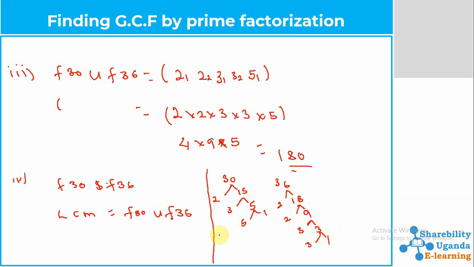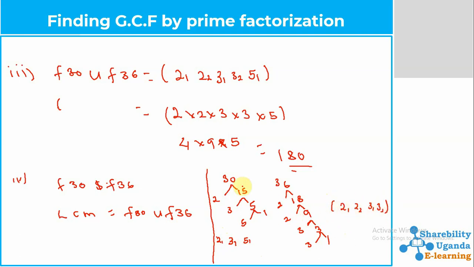So this simply means that in a certain notation we have 2 1, 3 1, 5 1 for 30, and then 2 1, 2 2, 3 1, 3 2 for 36.